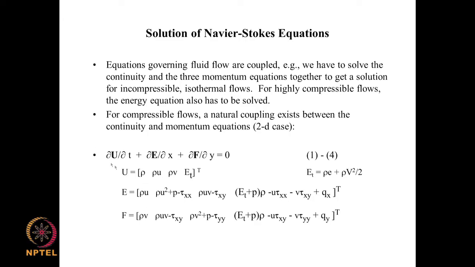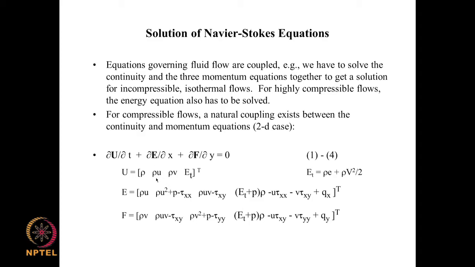So, if you substitute that here, you get dou rho by dou t plus dou by dou x of rho u plus dou by dou y of rho v equal to 0, and that obviously is the continuity equation. Now, if you are looking at the x momentum equation, you must take the second term here and the second term here and the second term here, and what is the second term here?